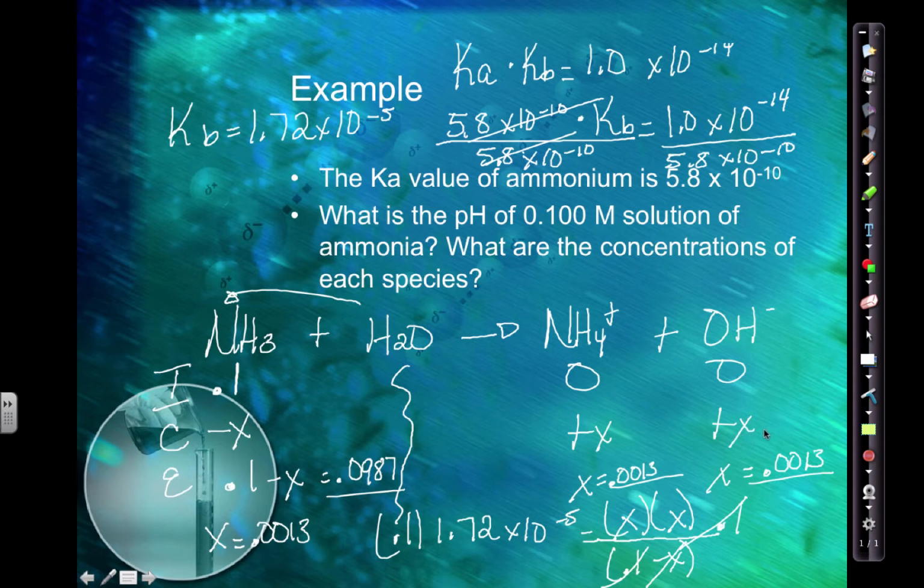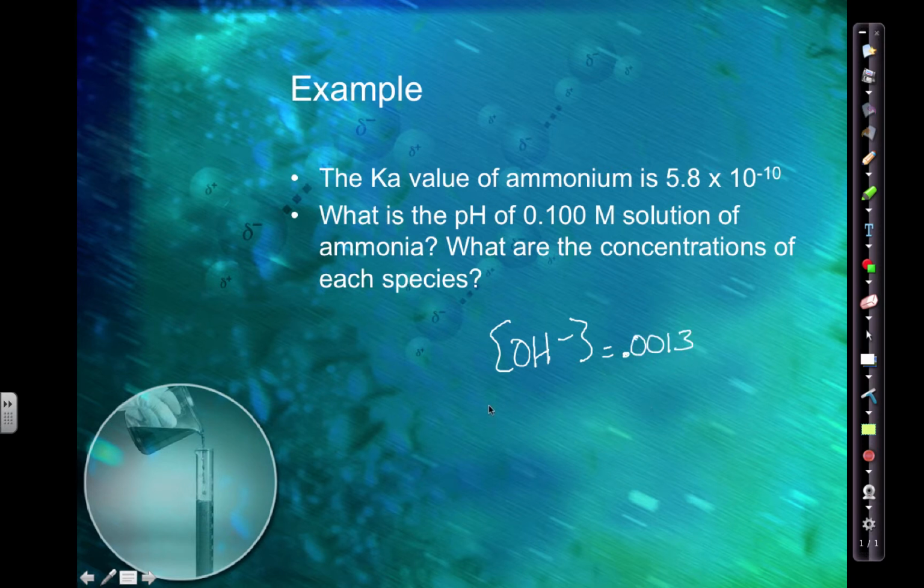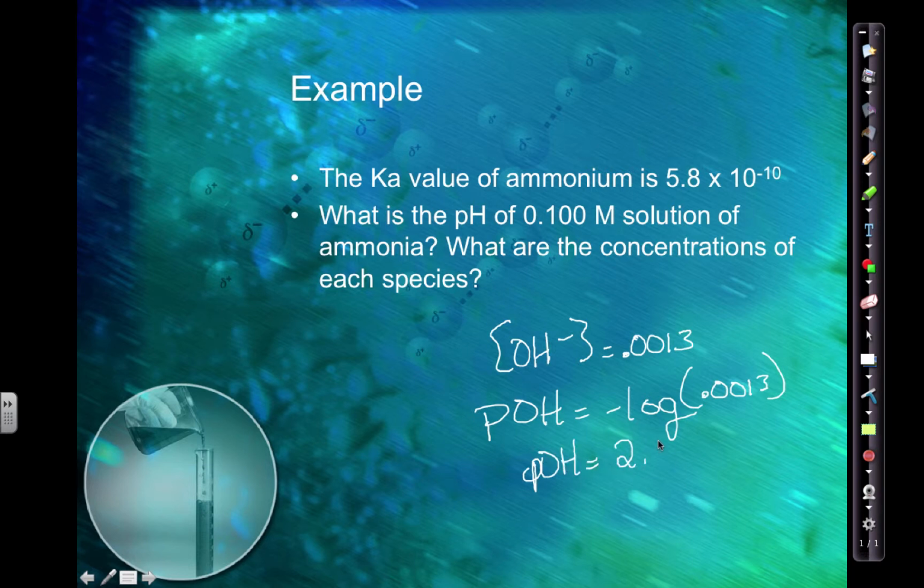I don't have hydronium here, which is what I need for a pH, but I do have hydroxide, so I can get pOH first. My concentration of hydroxide is equal to 0.0013. Let's solve for pOH by taking the negative log of this number. So pOH will be equal to 2.886.